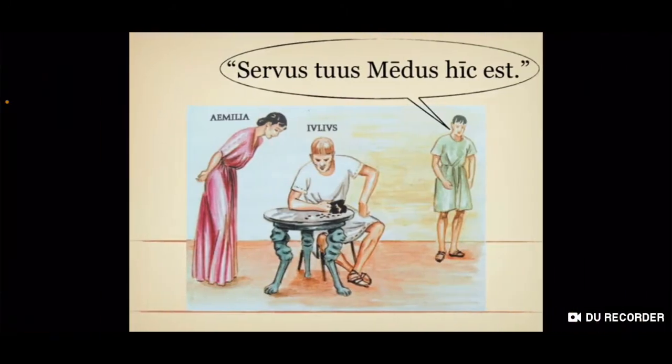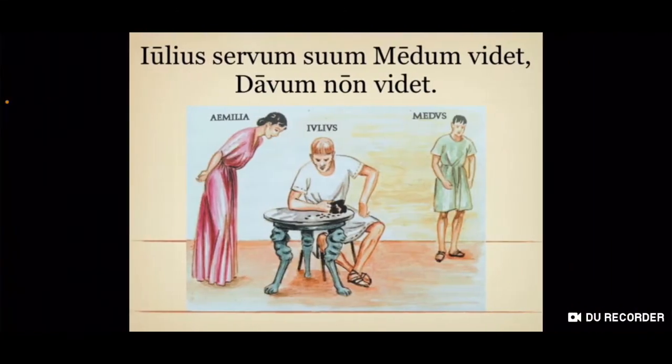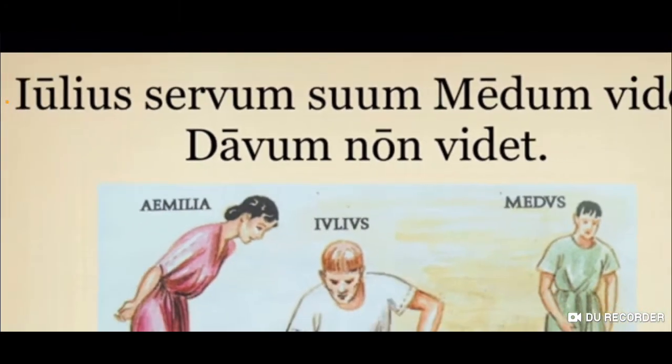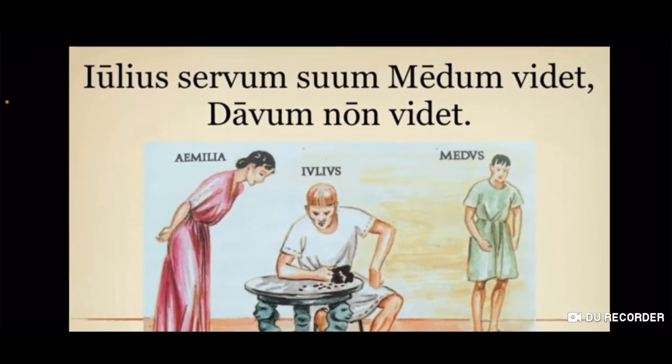Servus tuus Medus hic est. Your servant Medus is here. Iulius servum suum Medum videt. Julius sees his servant Medus. Another new word, suum, servum suum, his servant.